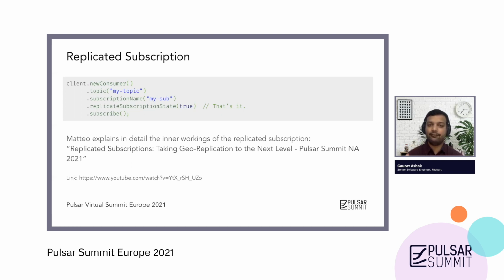So if you decide to switch the consumer from one cluster to another cluster, because the broker is continuously mapping your subscription offset, you should be able to resume the consumption in the remote cluster. Matthew actually explains this in great detail, wonderfully, in his talk, taking replication to the next level. It is available on YouTube, and you can check it out.